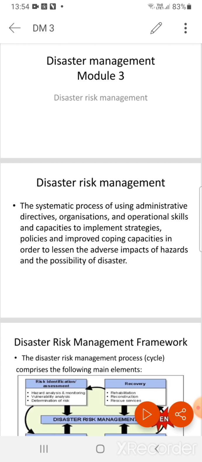So, as you know, the disaster can be nullified or eliminated by reducing the adverse impacts of the hazards.